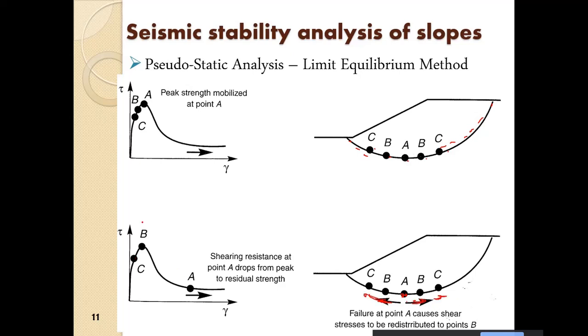Ultimately here you see, point A is here. As soon as point A shifts here, point B rises to the top. So that means now the entire shear resistance of point B is mobilized. Once that gets used up, then the entire shear resistance of point C will be mobilized.